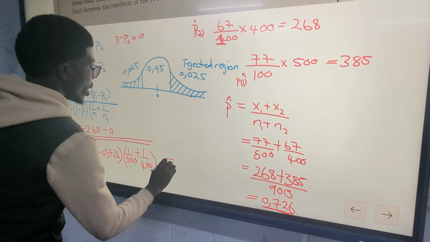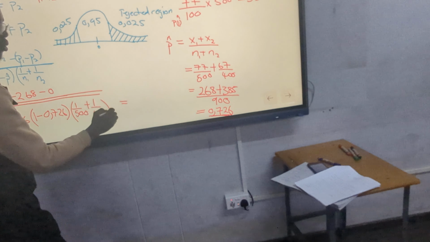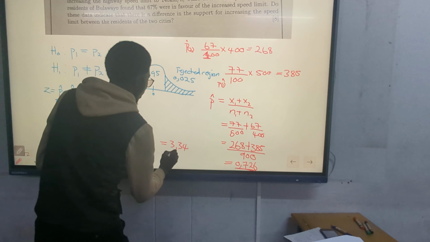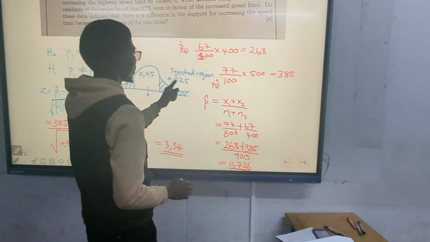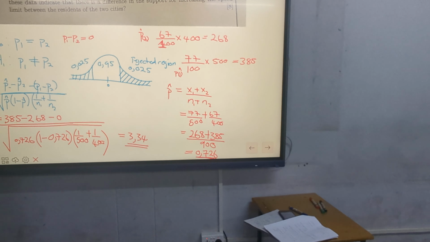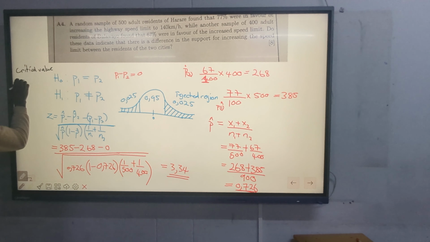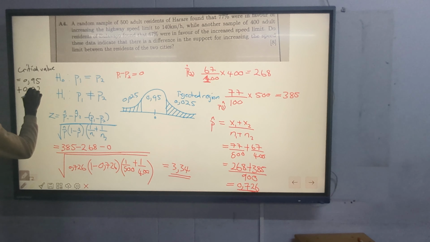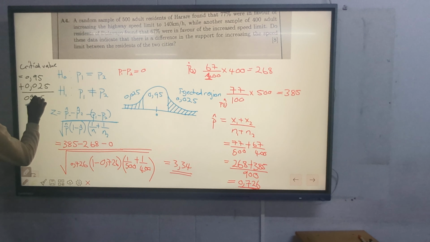And then we get 3.34. That's our Z test. And then now we want to find the critical value. The critical value is equal to 0.95 plus 0.025, and then we get 0.975.